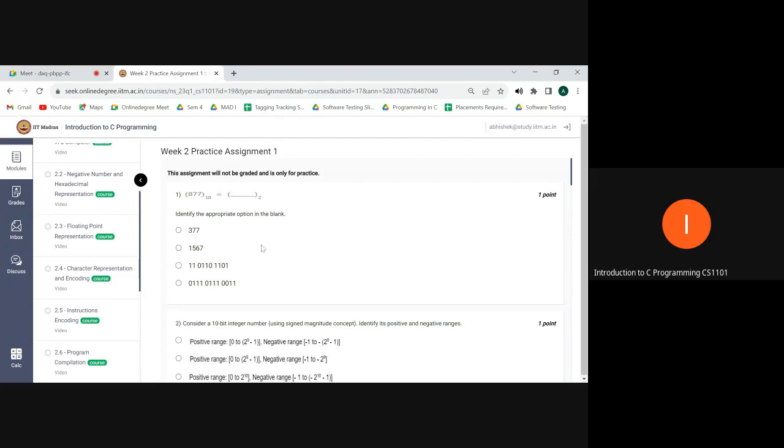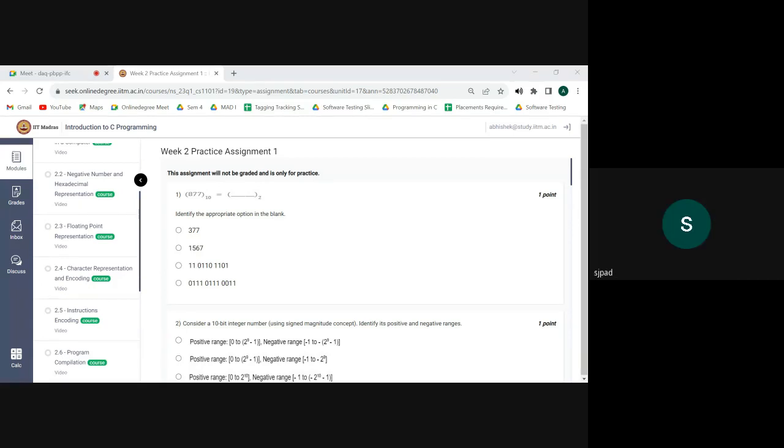Well, as you know, binary representation can only have 2 digits, 0 or 1. So with that in mind, the first two options are anyway eliminated. So we'll have to find out which of the options, third or fourth, is the correct binary representation for this number 877. So does anyone remember how we convert a decimal number into a binary representation?